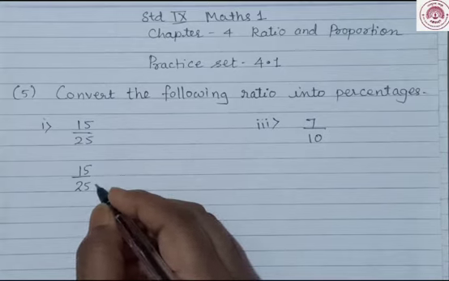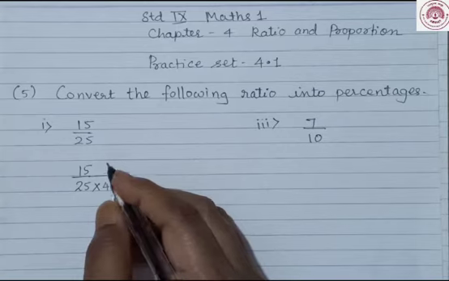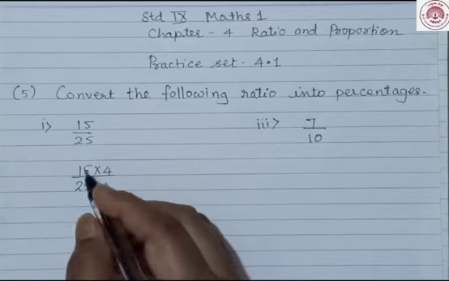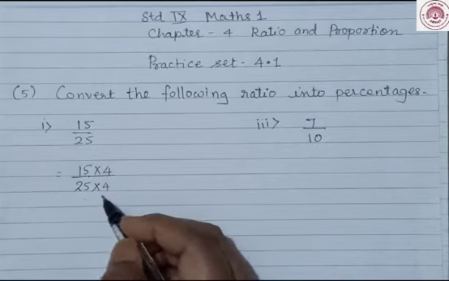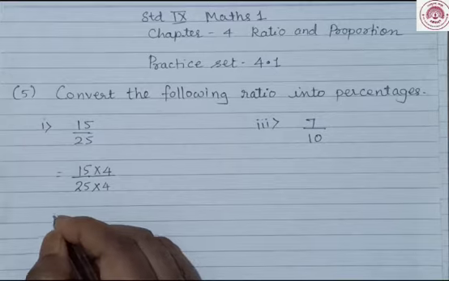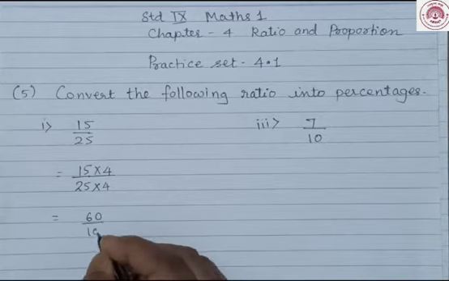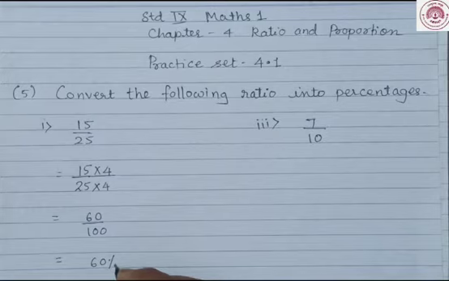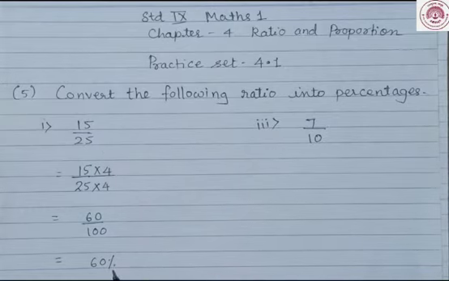So we have to multiply here by 4 to convert it into 100. So same we have to do with the numerator. So 15 multiplied by 4 upon 25 multiplied by 4 is 60 upon 100, and 60 upon 100 is equal to 60%. So the ratio 15 upon 25 is equal to 60%.